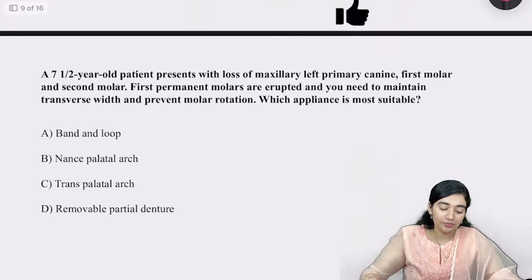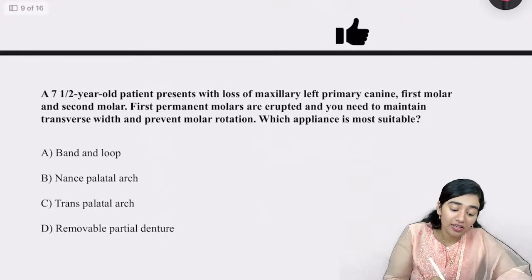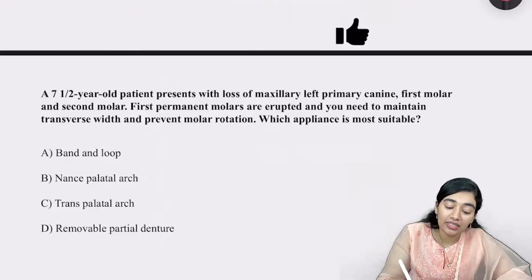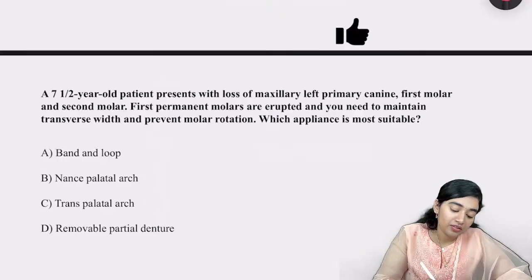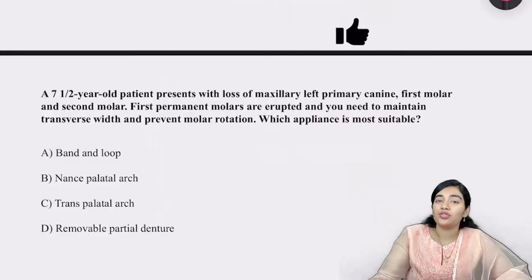So here is the next one. A 7.5-year-old patient presents with loss of maxillary left primary canine, first molar and second molar. There are so many teeth that are lost now. Okay. The first permanent molars are erupted and you need to maintain transverse width and prevent the molar rotation. Okay.